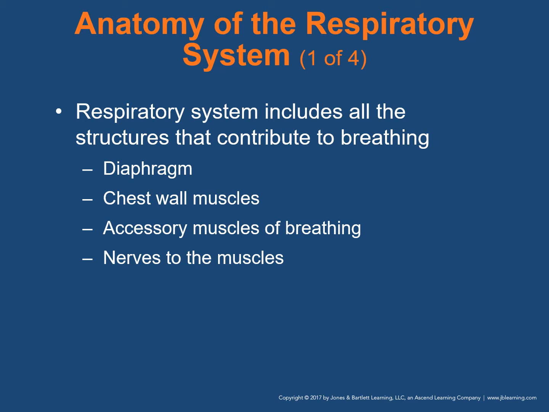But basically, all of the anatomy and structures that are used in our respiratory cycle, from the brain, the nerves, the diaphragm, the nerves that innervate the diaphragm, the chest wall muscles, the intercostal muscles, and that help us breathe as well as with the diaphragm. All of those things help us breathe in and out.